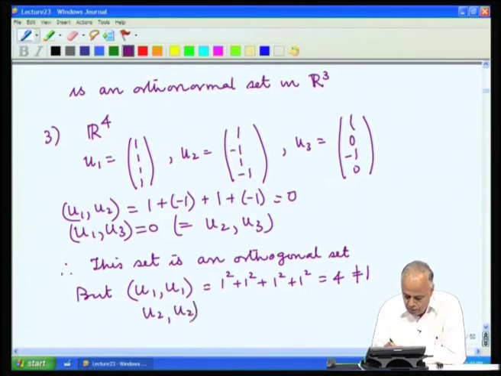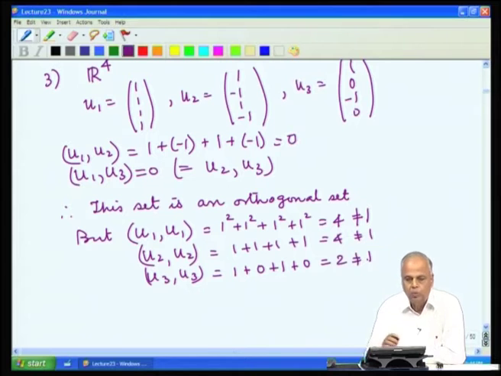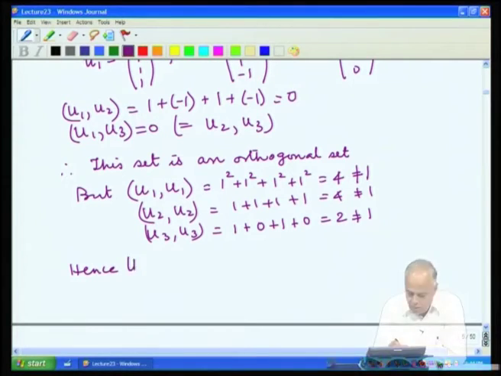Similarly, the inner product of u 2 with u 2 is again the sum of the squares of the components, that is not 1. The inner product of u 3 with itself is 1 squared plus 0 squared plus (-1) squared plus 0 squared, which is 2, which is not 1. So none of these vectors have length 1, but they are orthogonal to each other. Hence this is not an orthonormal set.